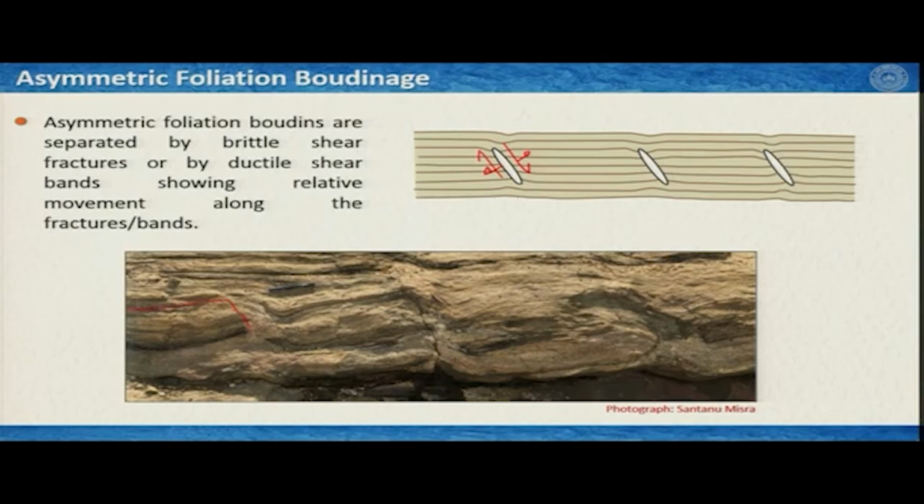So, we can imagine that this is a packet, then this is another packet defining the Boudin, this is another packet defining the Boudin, and this is another packet defining a Boudin, and you can clearly see that it got a relative displacement along the neck zone or fracture zone of the Boudins, and therefore, this is asymmetric foliation Boudinage.